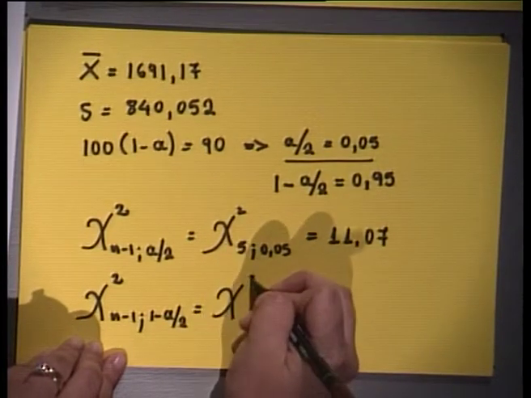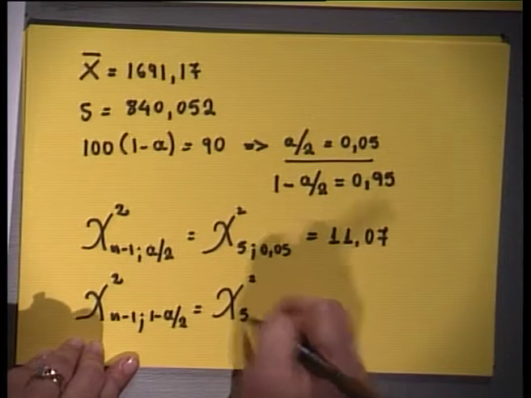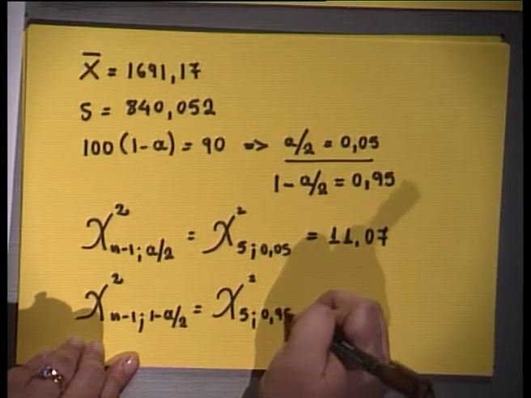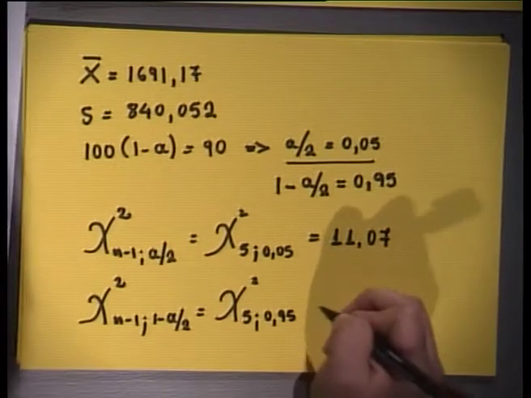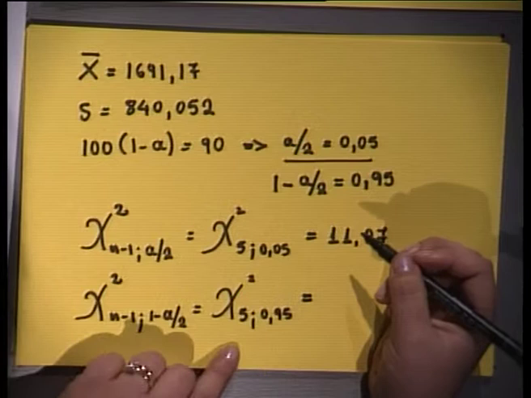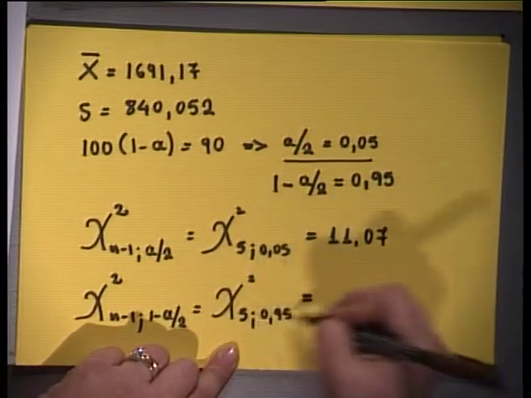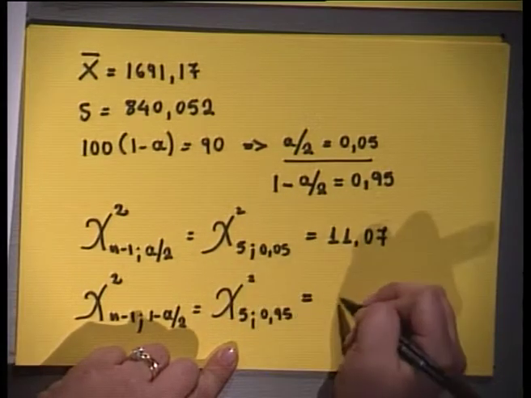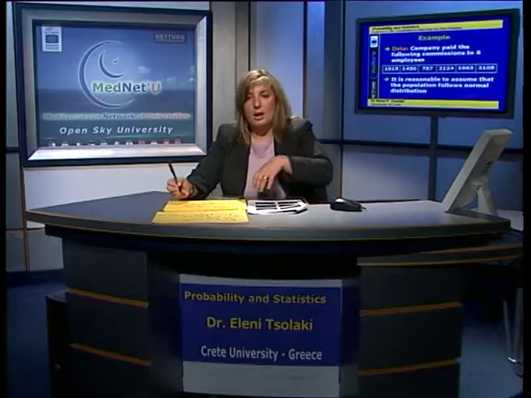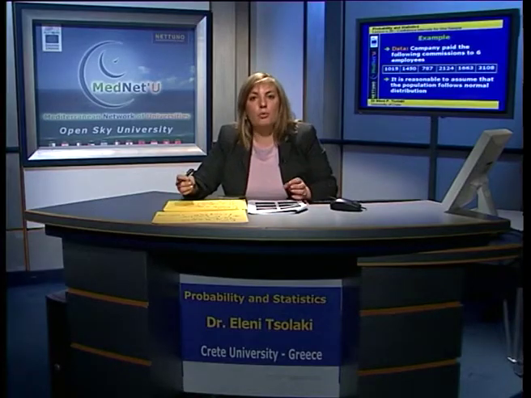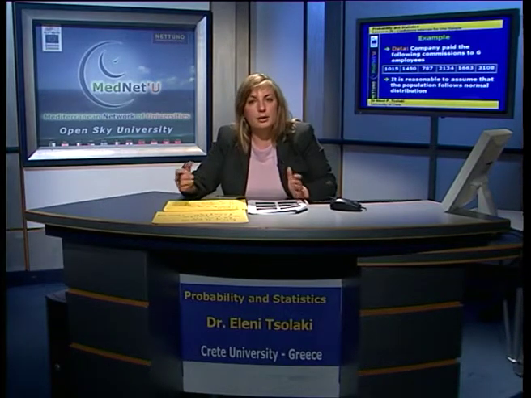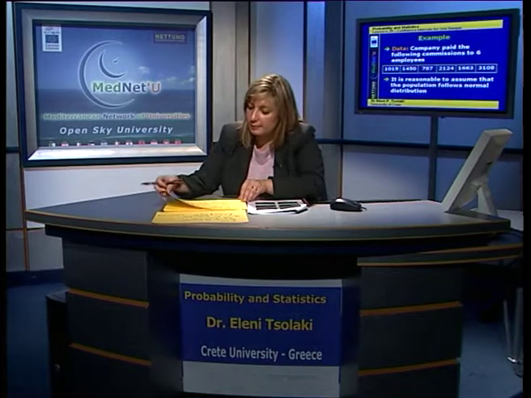For this case, 5.095, which is, if we read from the table, this value, 1.14. Now that we know the values of the distribution, we can calculate the confidence interval.